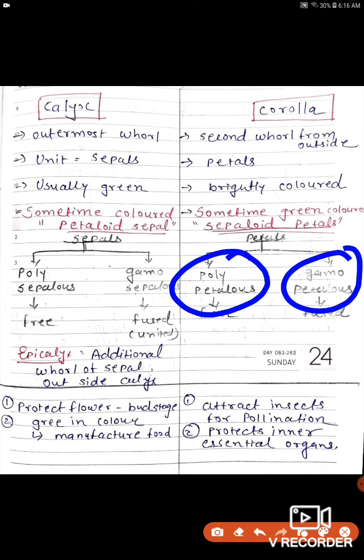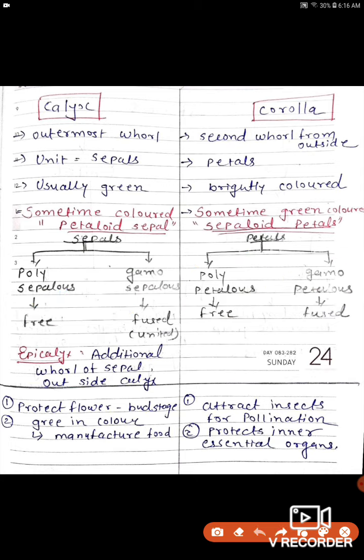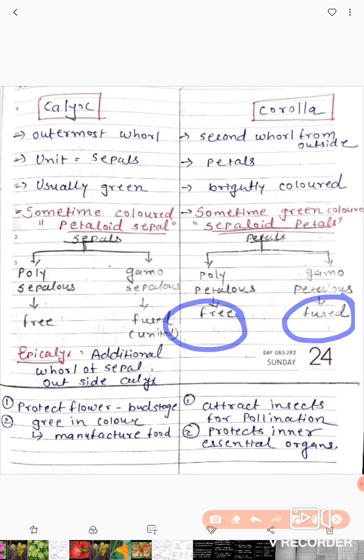Okay. Petals are of two kinds. On the basis of that, flowers are called polypetalous and gamopetalous. Like polysepalous means free, here polypetalous means petals are free to each other, and gamopetalous means petals are fused to each other.